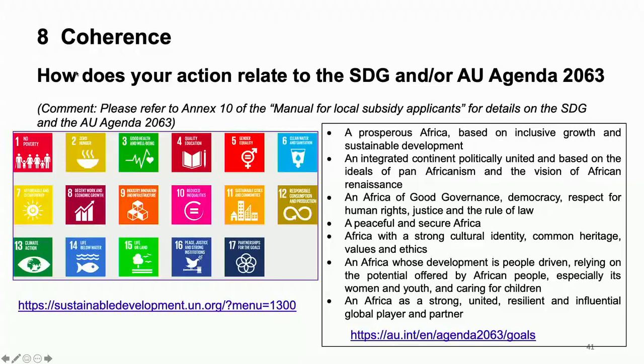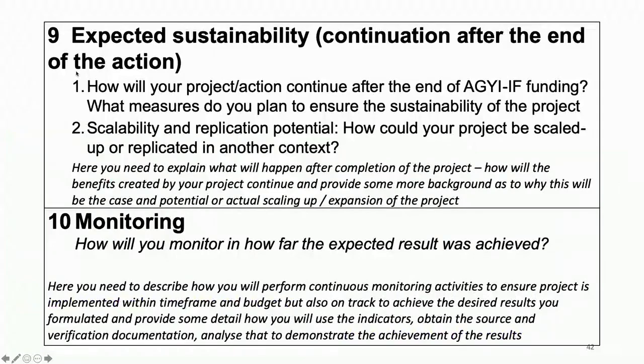In this half page, you need to clearly indicate where your project fits in and links up to these Sustainable Development Goals and this AU Agenda 2063. You need to clearly do this and link your project to these activities.